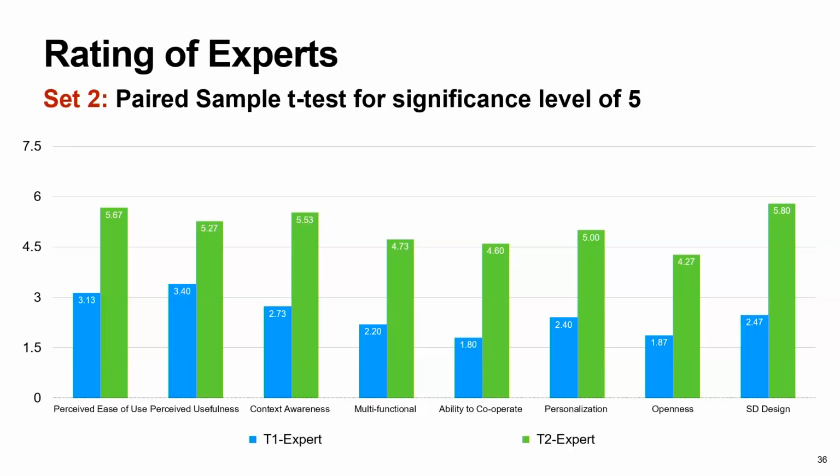This is basically indicating how efficient it is in terms of perceived ease of use, perceived usefulness, context awareness, multifunctional, ability to cooperate, personalization, openness, and service dominance design. So these were the attributes that we selected to evaluate the ideas, right.